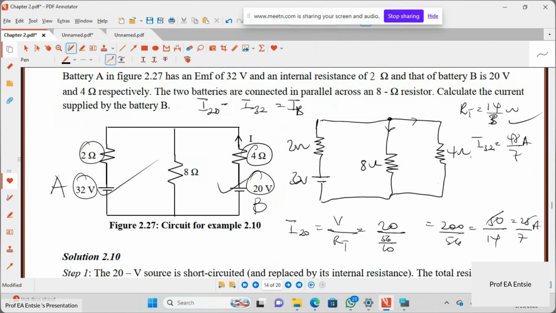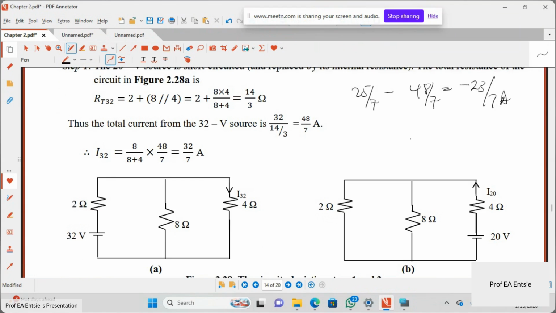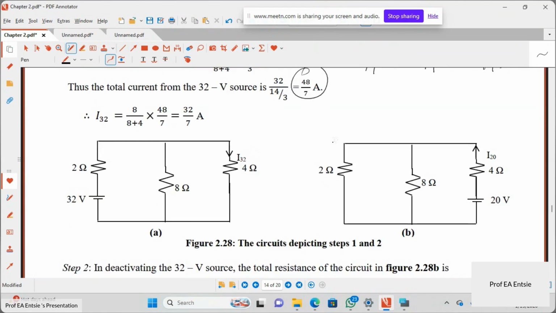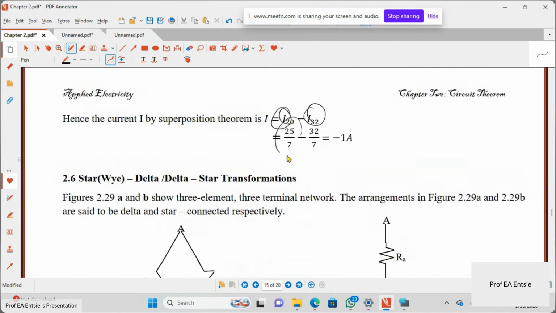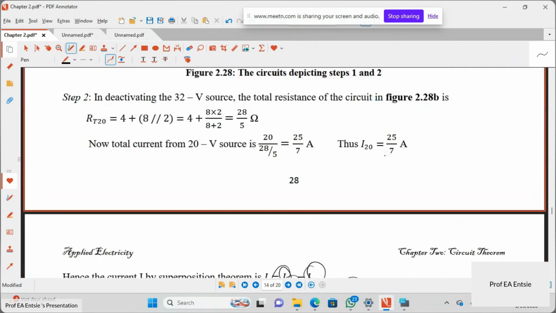Then if we want current, it is voltage 32 over 14 out of 3. 96 over 14, 48 over 7. Is that what they had for the current? 48 over 7. And if we do 25 over 7 minus 48 over 7, here is 48. So the answer is wrong.